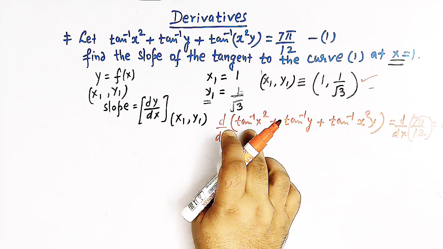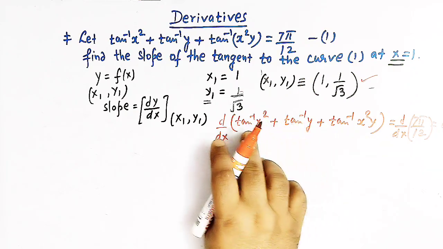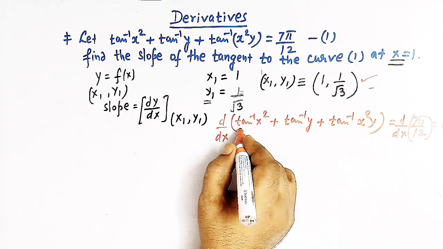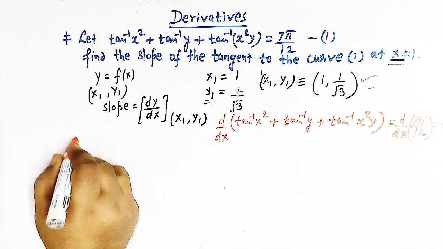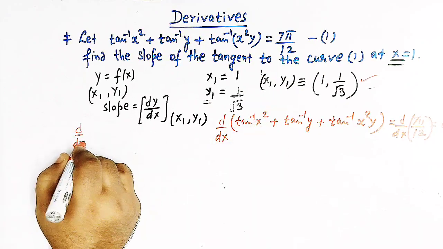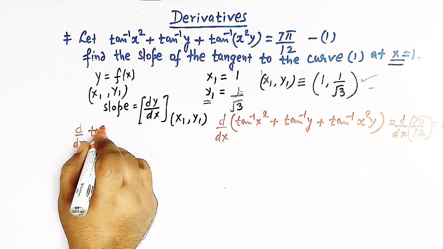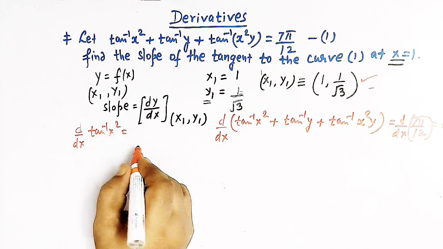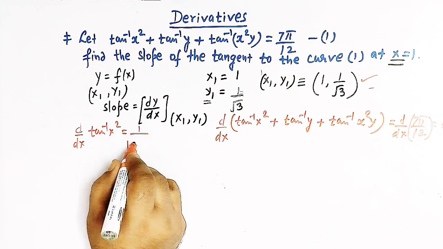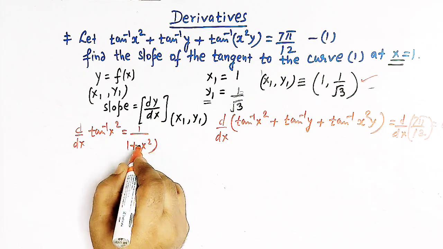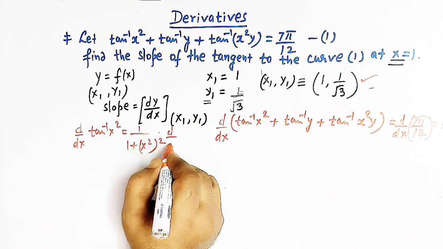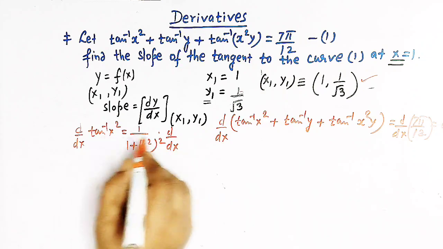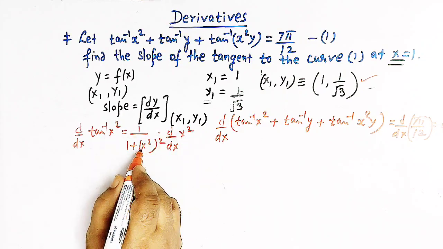We'll do the differentiation term by term. First we have to differentiate tan inverse x squared. The derivative of tan inverse x squared is 1 over 1 plus x squared whole squared, and then by chain rule we have to find the derivative of x squared.